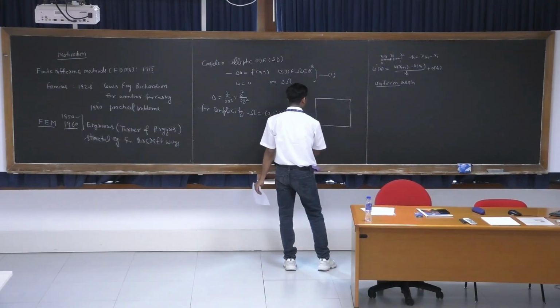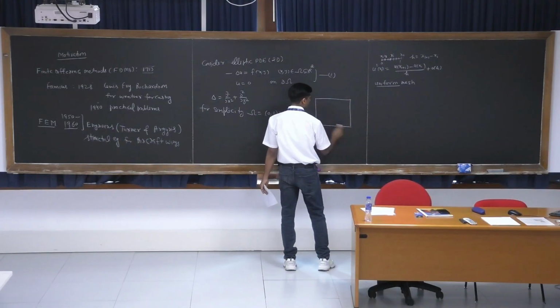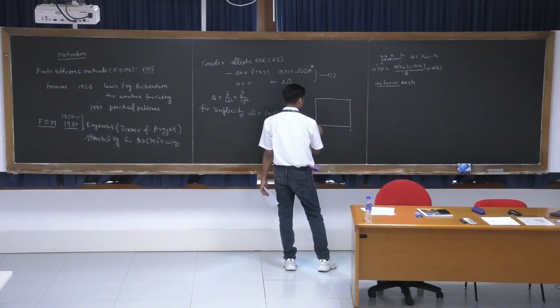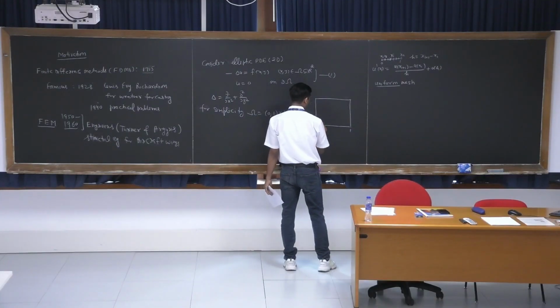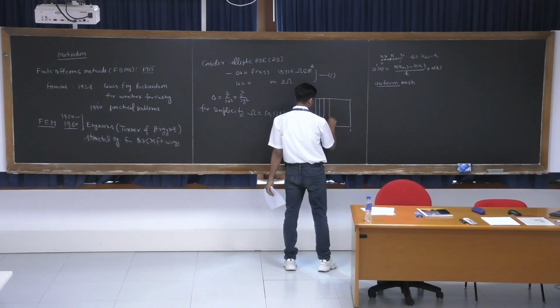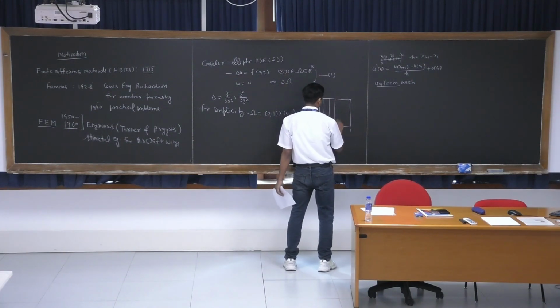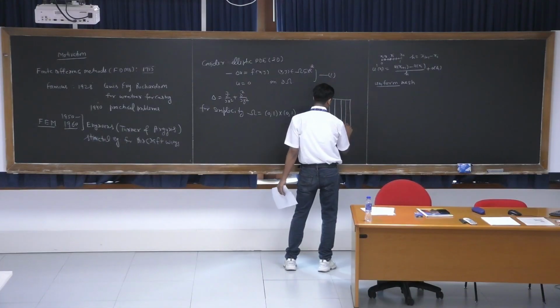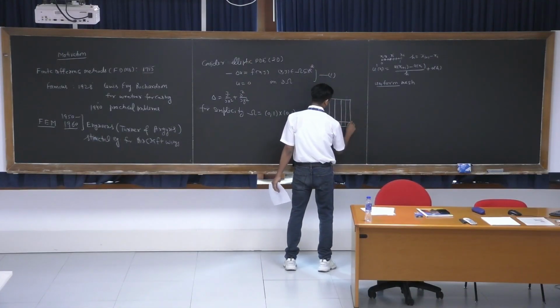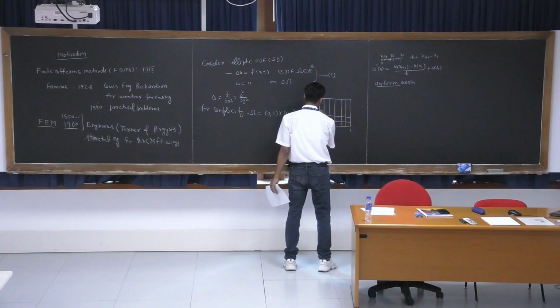This is 0, 0, you can say. In one direction, this is the x-axis direction, and this is the y-axis direction. So first of all, discretize the domain, and then after that, approximate the derivative at the mesh points.